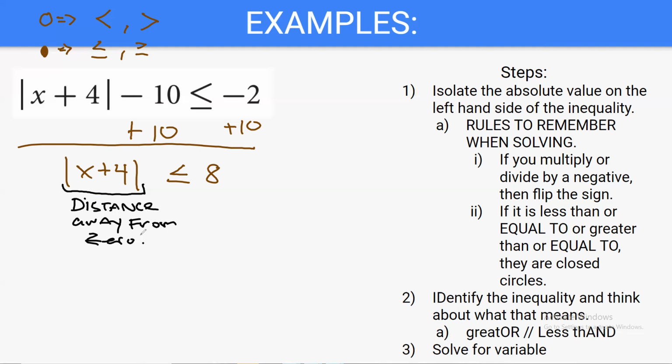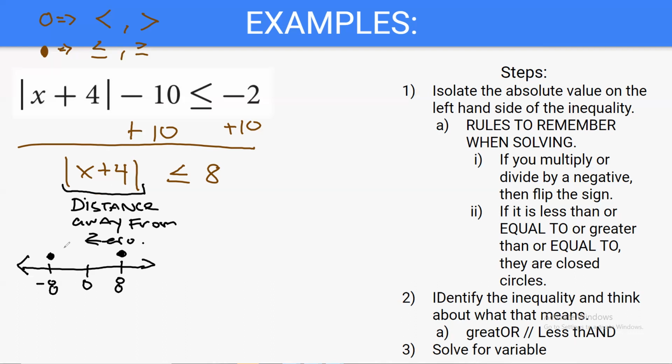The distance away from 0 is less than or equal to 8. That means on a number line, 0, -8, and 8, correct? Since it's less than or equal to, it's going to be these guys here, right? Because it's equal to.